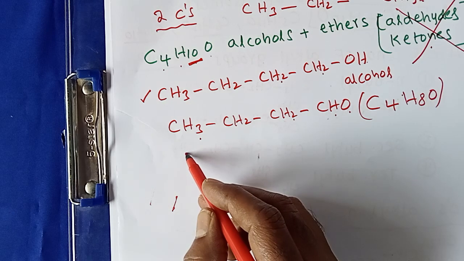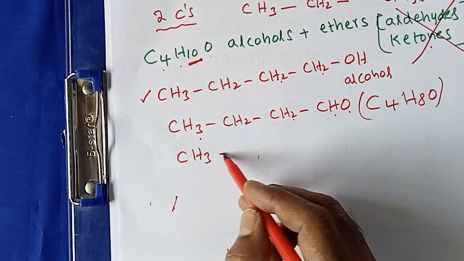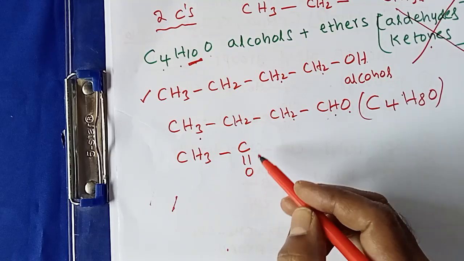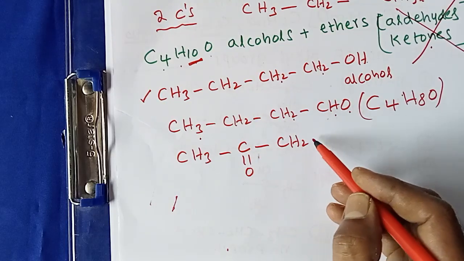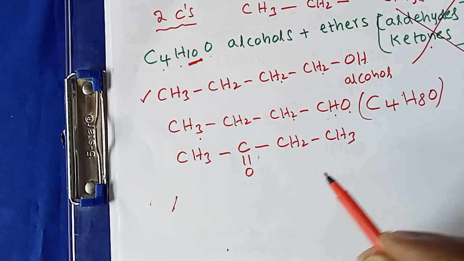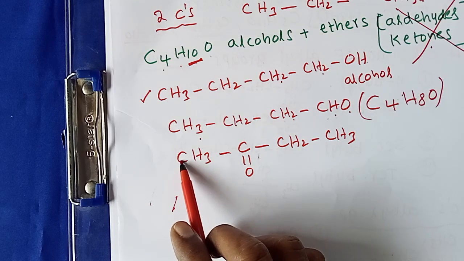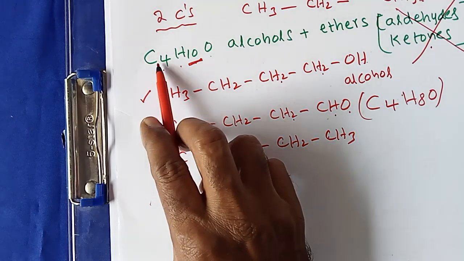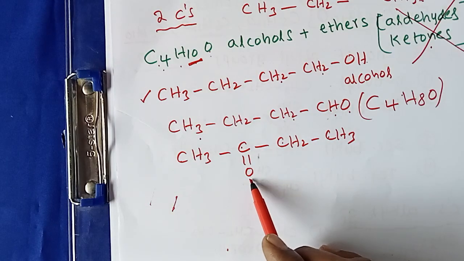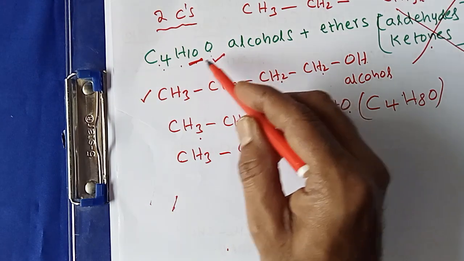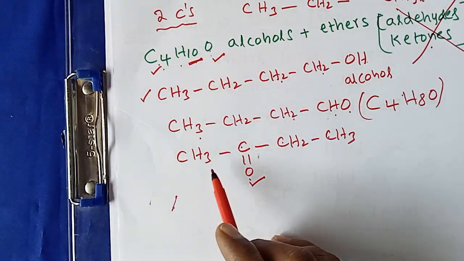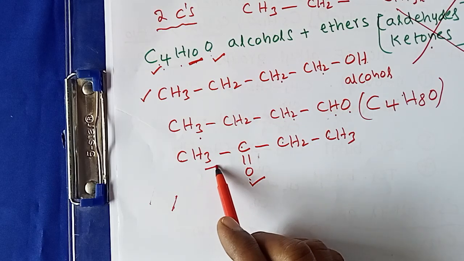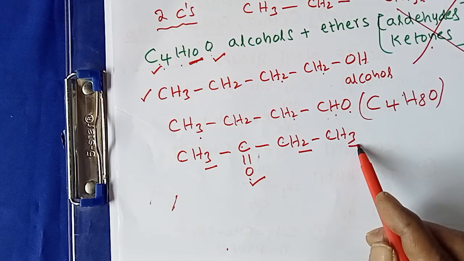If you want ketones, you write down a 4 carbon ketone: CH3, C double bond O, CH2, again CH3. Total carbons how many? 1, 2, 3, 4. Oxygen 1. This is also okay. Carbons and oxygens are okay in all, but hydrogens are important. 3 plus 2, 5 plus 3, 8.